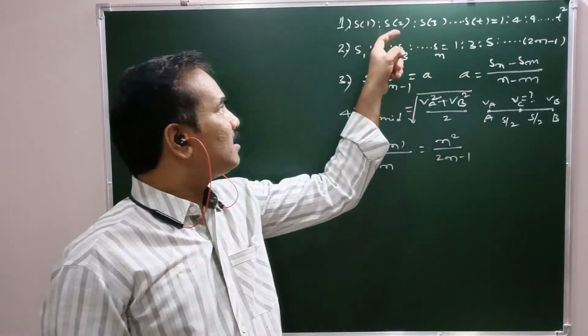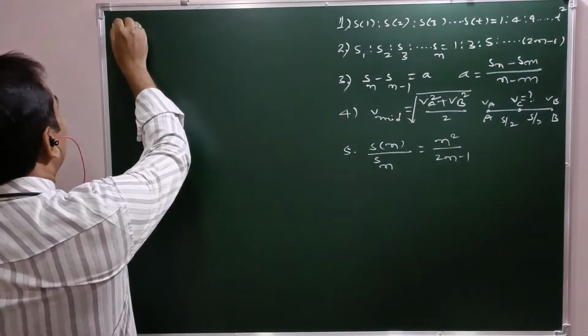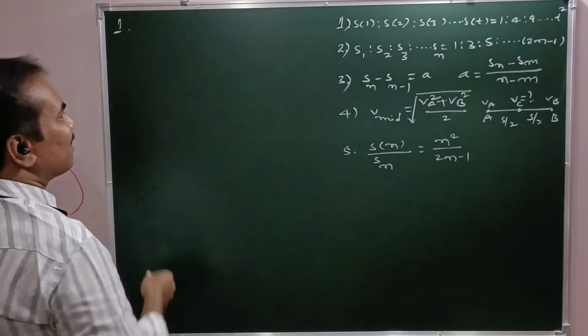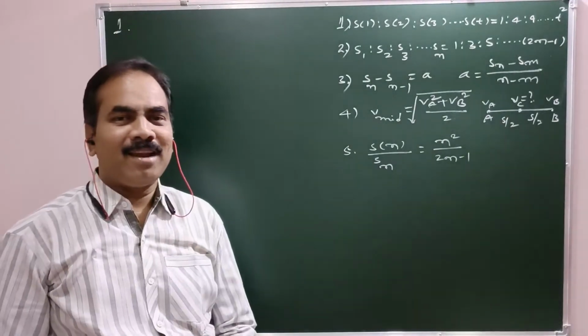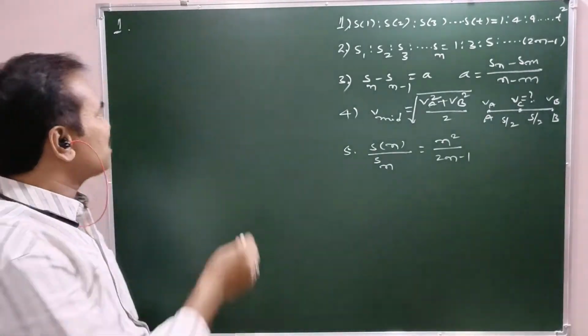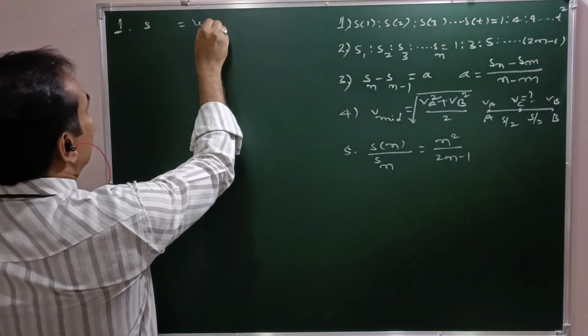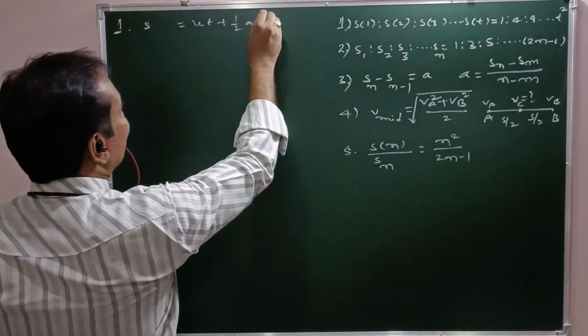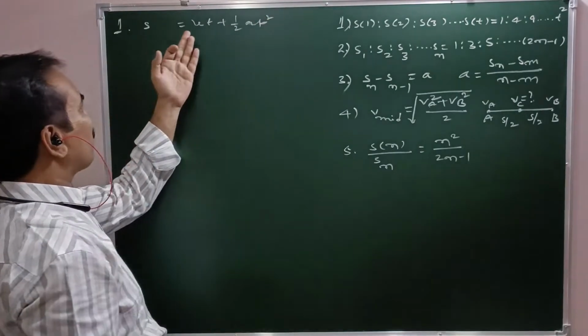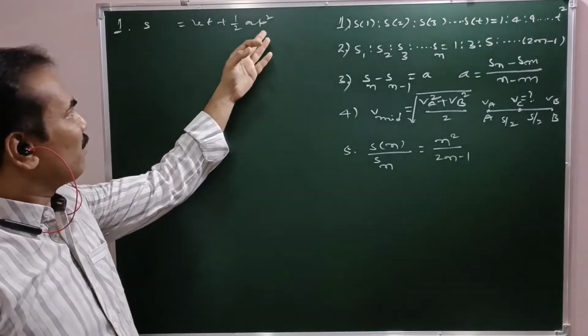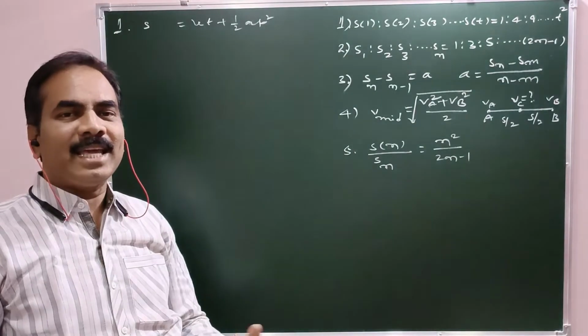First one, we know that result number 1. What is that result? The distance covered in total t seconds, S of t, that is S equals ut plus half at square, one of the basic equations of motion.